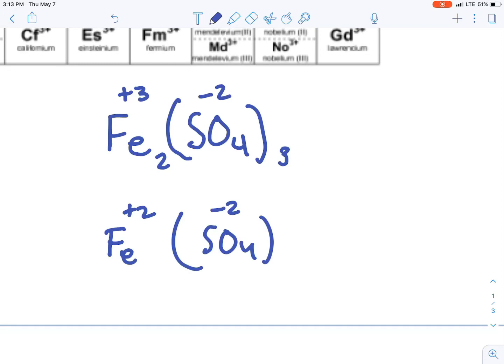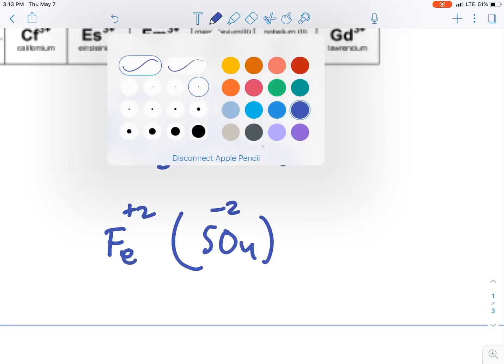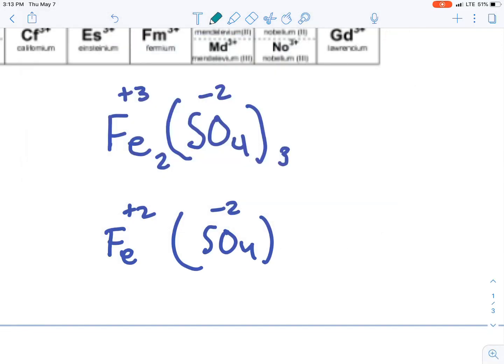How do we name? This is where you need the Roman numerals to name. Okay, and the way we're going to do that is we're going to say iron, and it's the charge. Iron 3 sulfate. And the same thing down here.